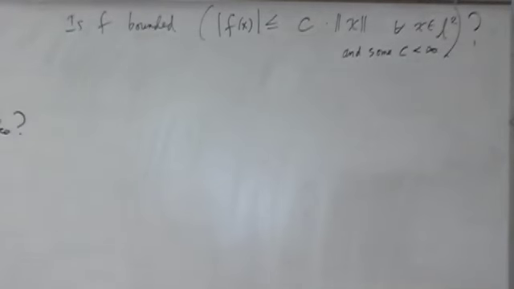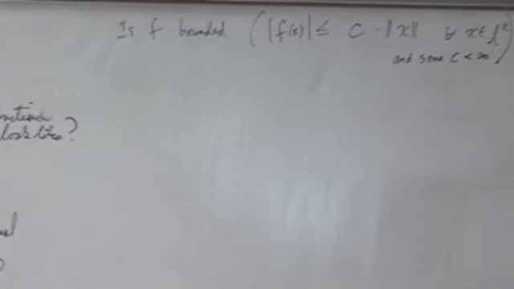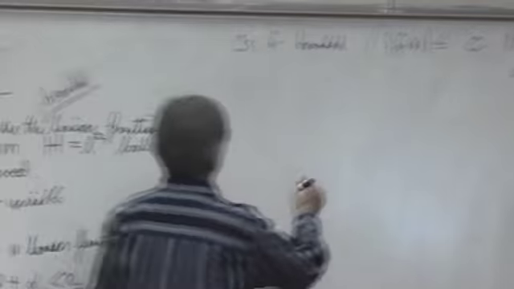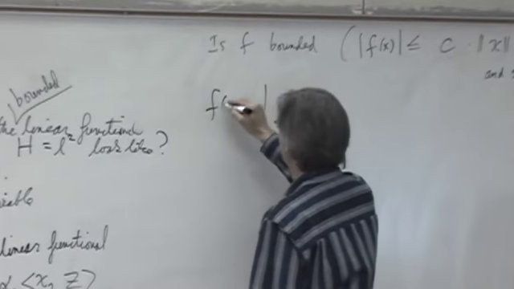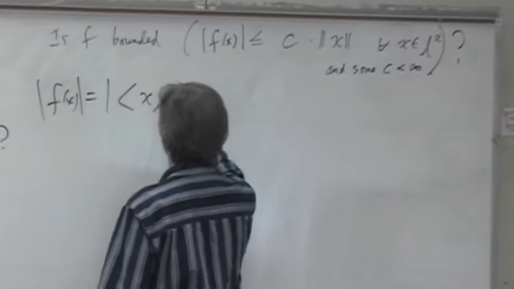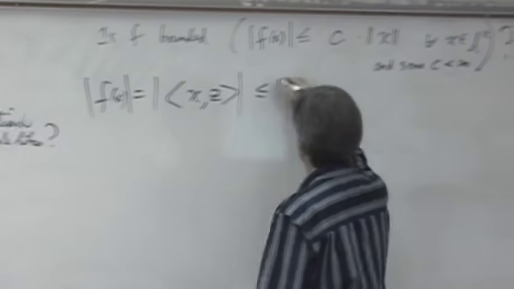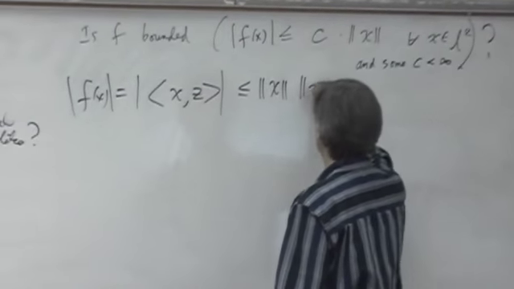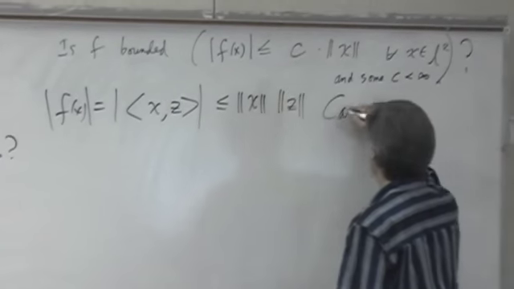I want to make this expression right here: one of the terms should be the norm of x, and then I need something else, and an inequality. I just want to put the absolute value of the inner product of x and z. So f of x, the absolute value of the inner product of x and z, is less than or equal to norm x times norm z by the Cauchy-Schwarz inequality.